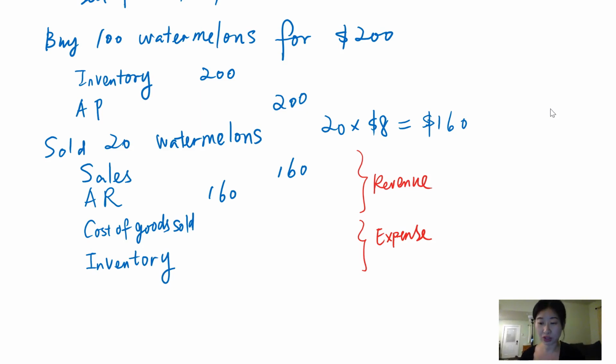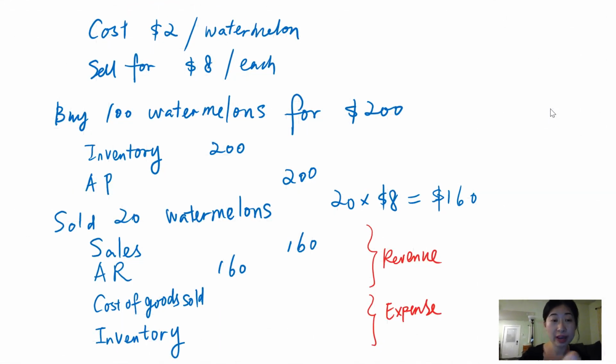Now, how much? You need to remember the expense is based on how much it cost you to buy the watermelons in the first place, which is $2 each. So right here, it costs us $2 for each watermelon.